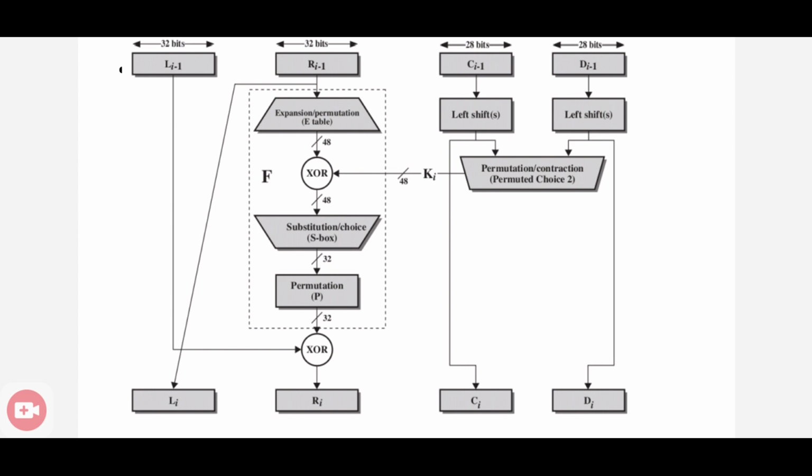You can see in the figure, Ri minus 1 is connected with the next stage, that is the expansion permutation. Okay.